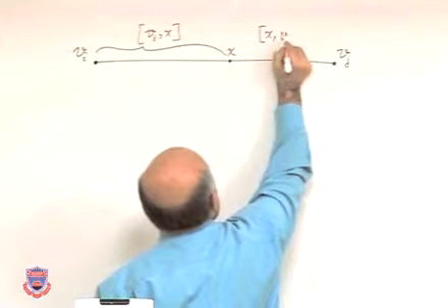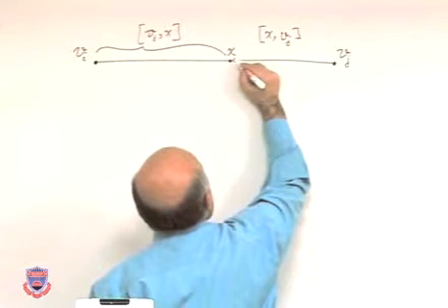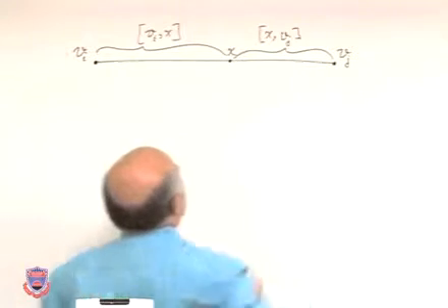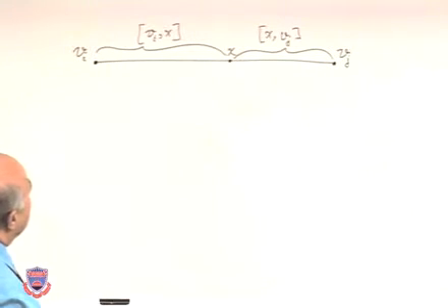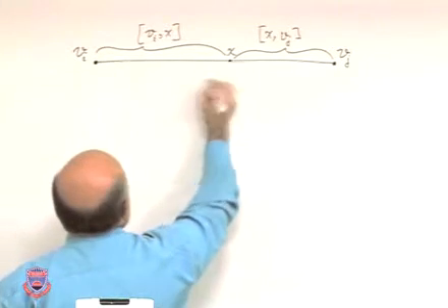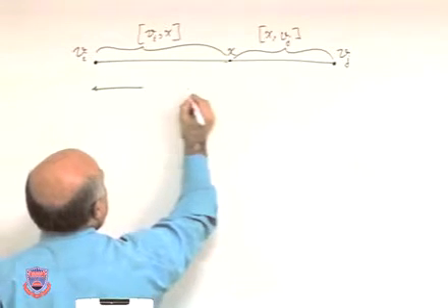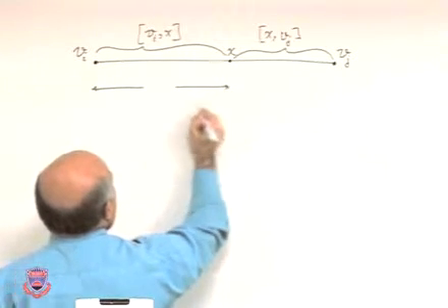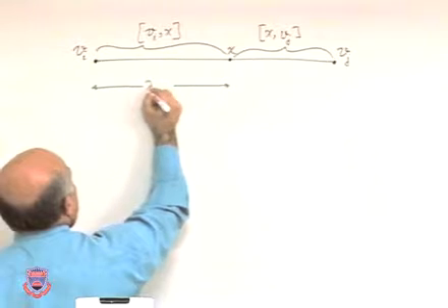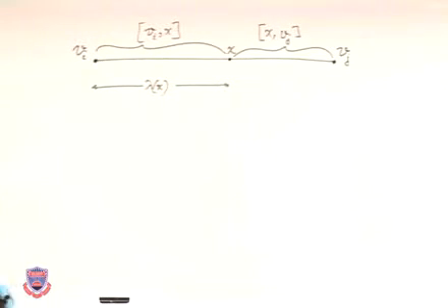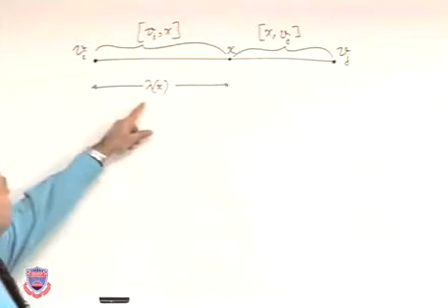X to Vj is this portion. And the length of this is how much? It's lambda of x, whatever that number might be. Sorry, not the length, but the number between 0 and 1, okay?